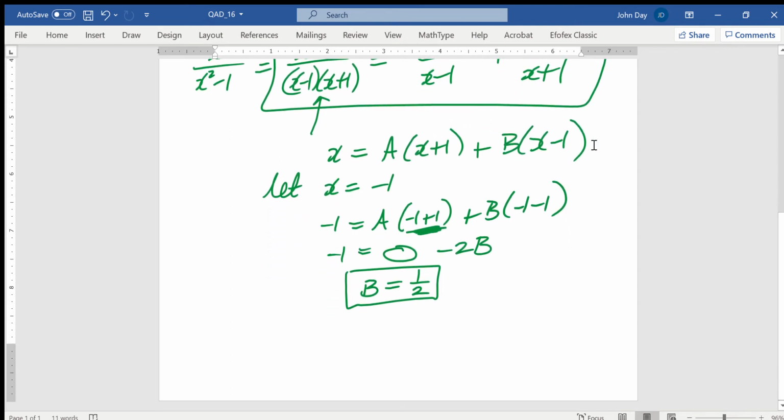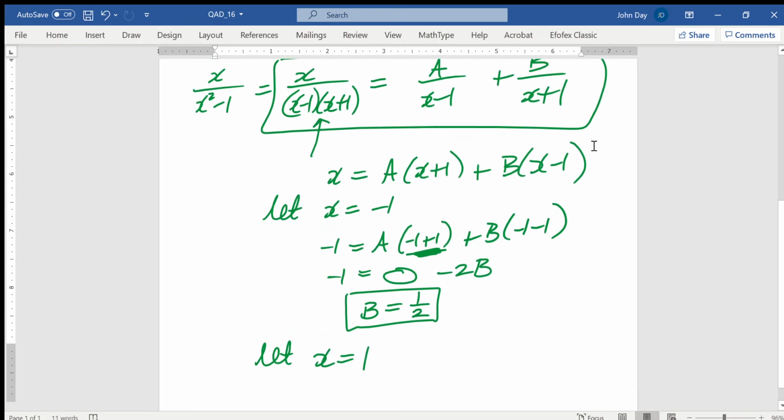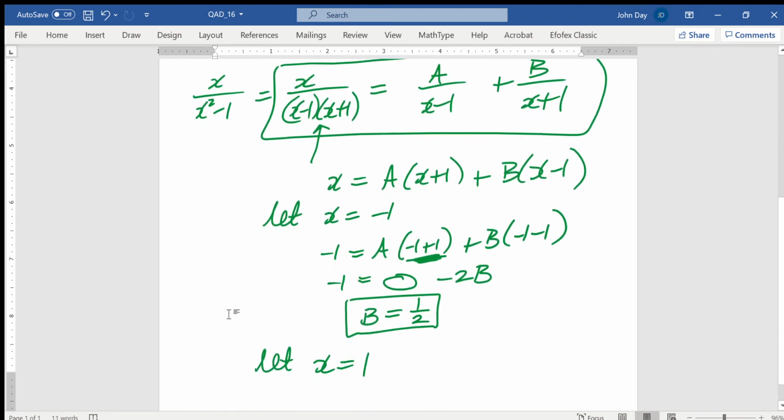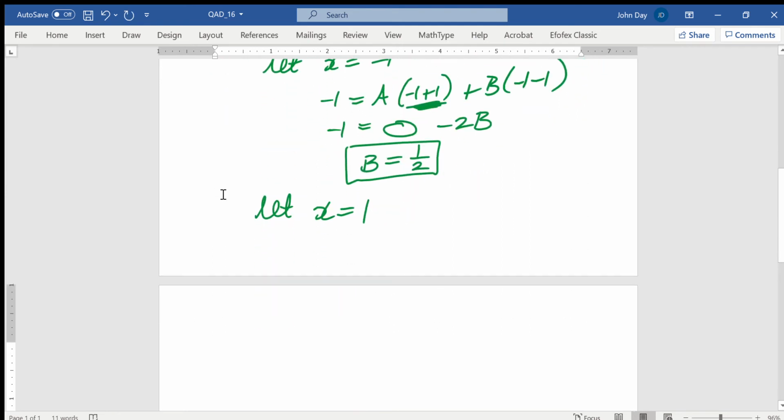And then we can let x equal 1. So hold on a tick, I just need to make myself more room here. I'll just do a couple of page breaks to give myself more room.